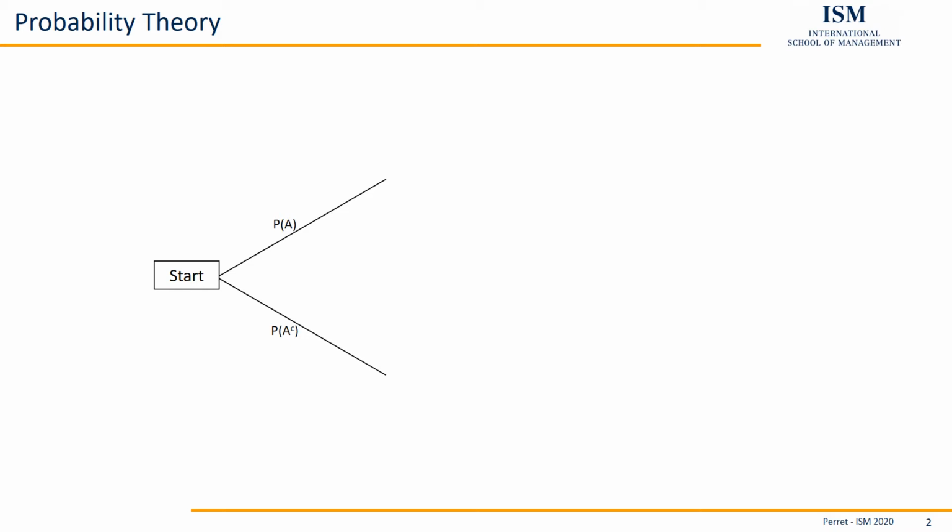There are only these two possibilities: either A takes place or A does not take place. Once A has taken place, we are either at A or the complement of A. So far, so good. But then we have a second event.